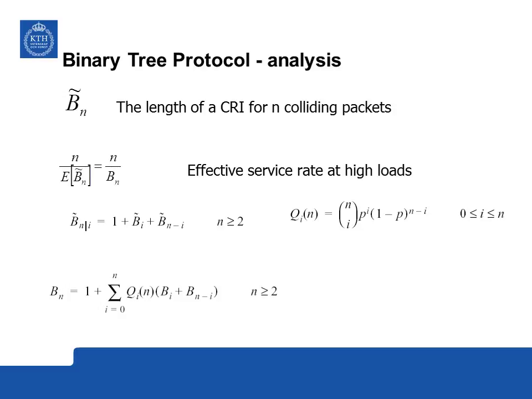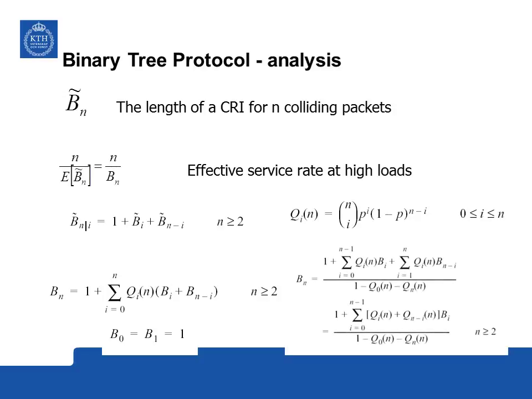And plugging this into the above expression, we get the expected number of conflict resolution slots, given that there are n packets involved in the initial collision. And we have the boundary conditions that if there are 0 packets or 1 packet, there will be only 1 slot in the CRI.